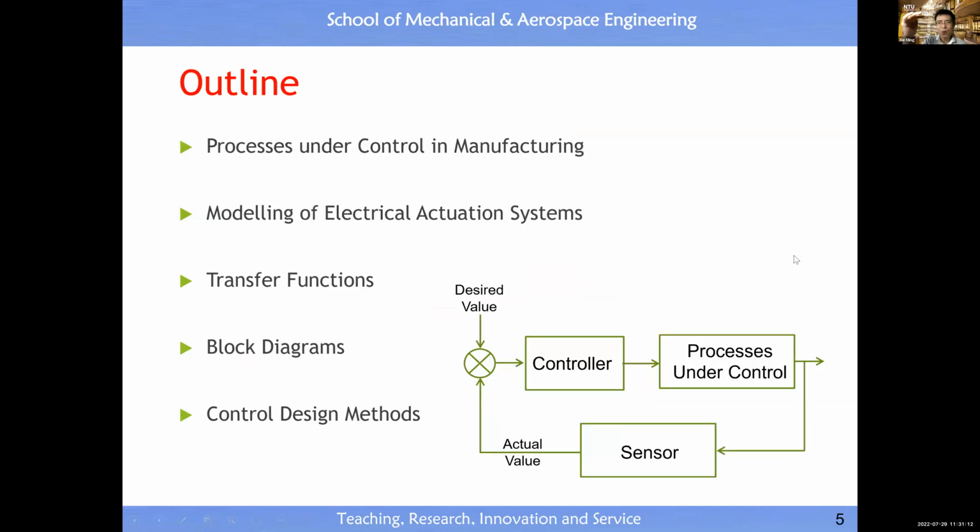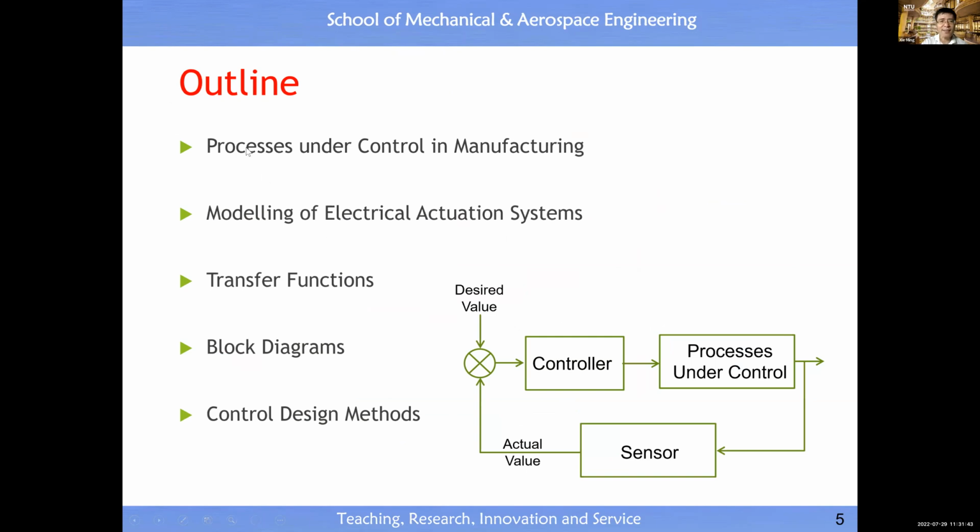In lecture 1, we understand what is manufacturing. In lecture 2, we understand what are the possible parameters and variables which could be under control automatically. Now, we zoom into the answer to this question: how to automatically control any specific parameter. And here we use motion as an example. So this is the outline of lecture 3.